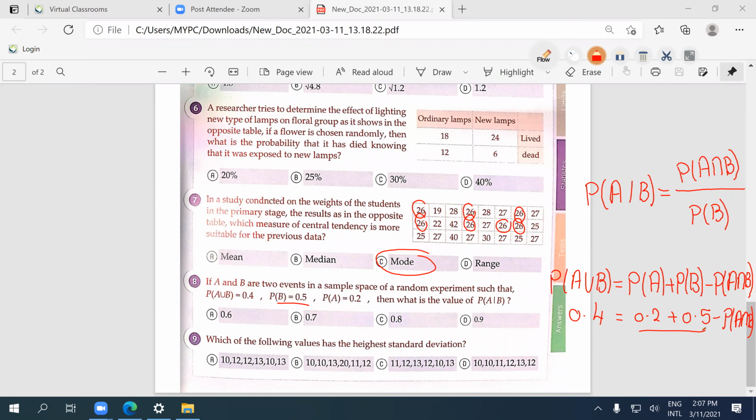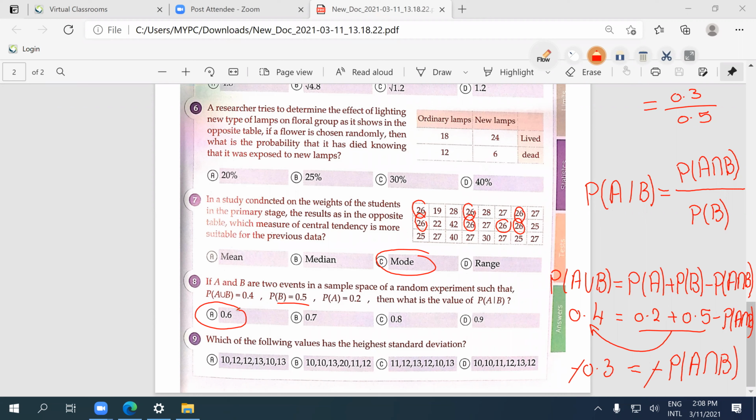If you add, it gives you 0.7. On the other side, it gives you negative 0.3, and here negative probability of A with B. Cancel negative with negative, so 0.3. So you can substitute here, it's 0.3 over 0.5. So it gave you the result directly, 3 over 5. It means 0.6 or 60%.